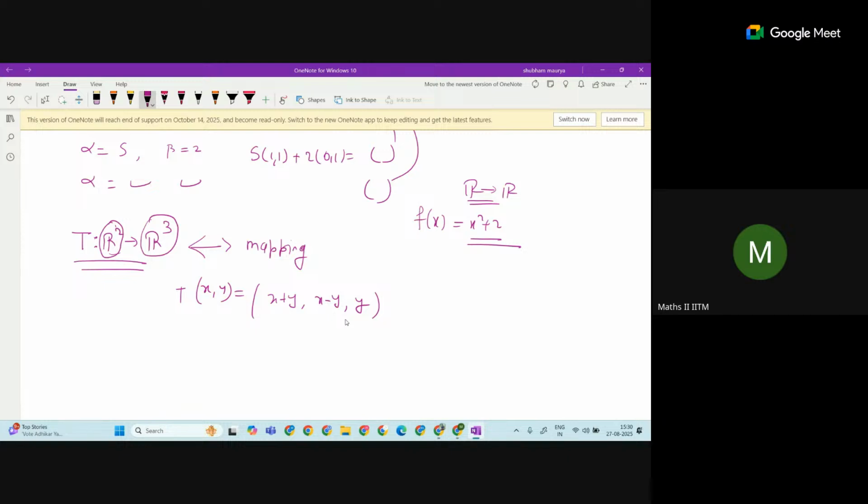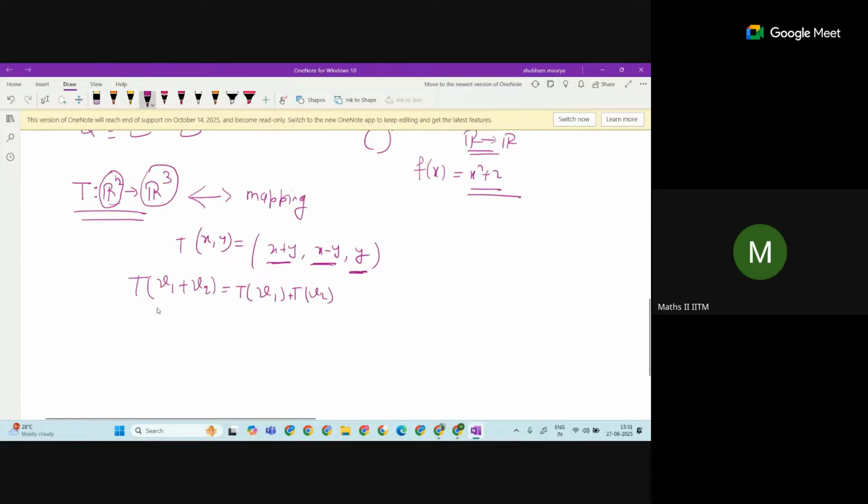A linear mapping is called that when each term has degree 1 and there is no constant added. If you add a constant c, then this is not a linear transformation. Each coordinate has degree 1, and each term has degree 1 only, whatever the variables. Also, a transformation is called a linear transformation when it follows two definitions.